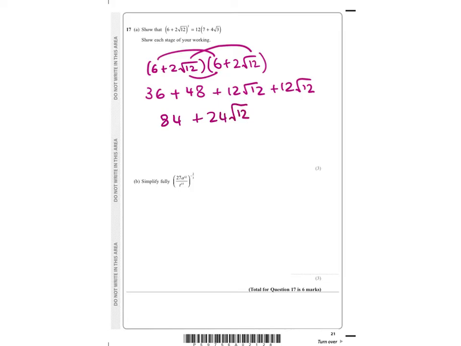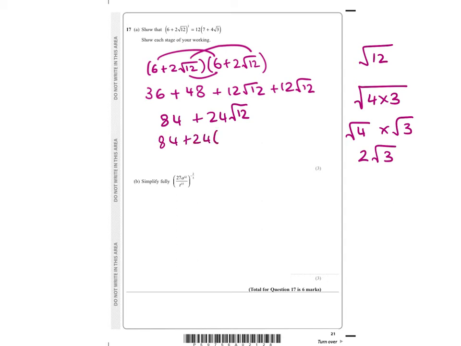Now, root 12, I can actually change. The highest common factor which is a square number is 4. So root 12 can be written as root 4 times root 3. Root 4 is in fact 2, so I'm going to have 2 times root 3. So 84 plus 24 lots of 2 root 3 is 84 plus 48 lots of root 3.